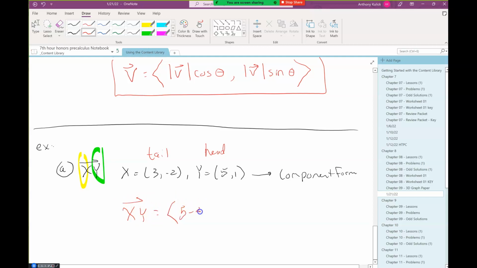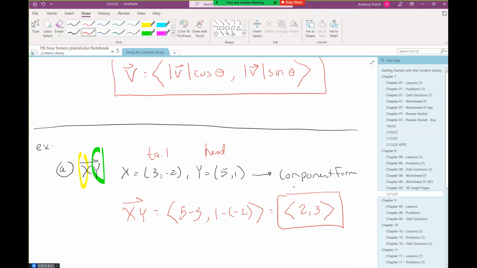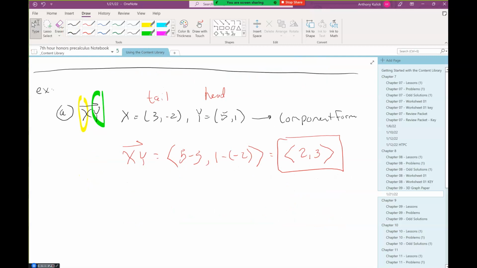So head minus tail, head minus tail, and I get the vector 2, 3. One line calculation. Similar thing, you'll do some similar things in your homework, but very easy, right? The tricky part is just remembering how to do it, like what the names mean. But the actual calculation itself, really, really easy.